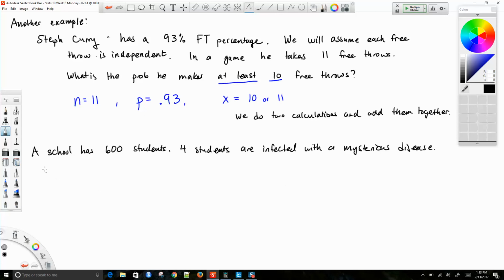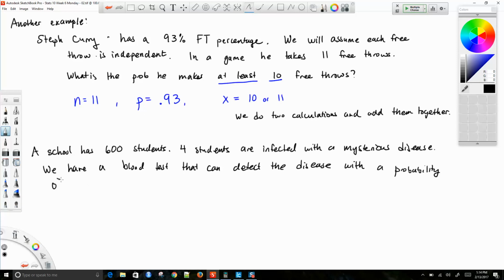Okay, and then we'll say we have a machine, or we have a test. We'll say we have a blood test that can detect the disease with a probability, we'll say, 80%.